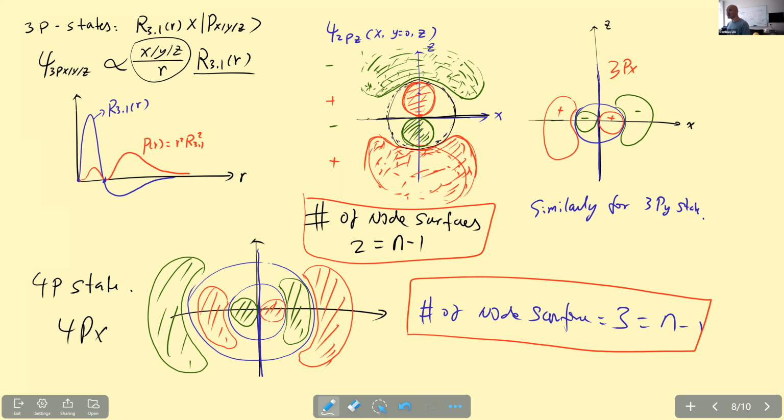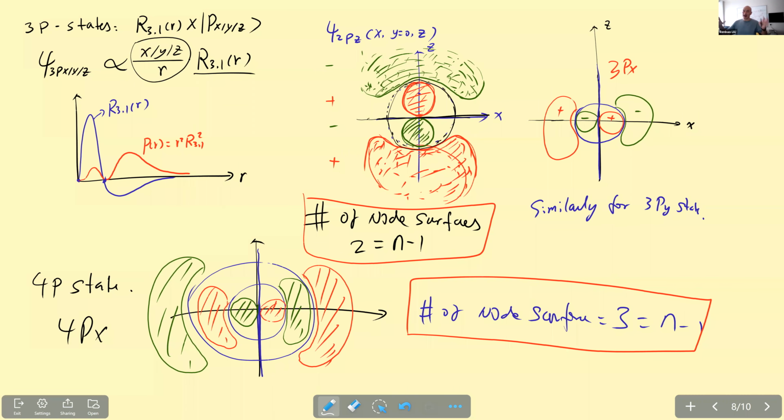The reason is that the number of nodal surfaces determines how this wave function oscillates in three-dimensional space. Just like if you consider the one-dimensional case, the number of nodes of a wave function determines how oscillatory the wave function is, and that determines the energy. For this 1 over r potential, we know that the energy is just given by this n, so that means n will determine how much this wave function oscillates.